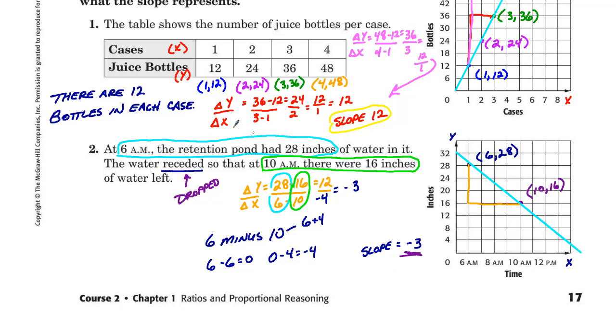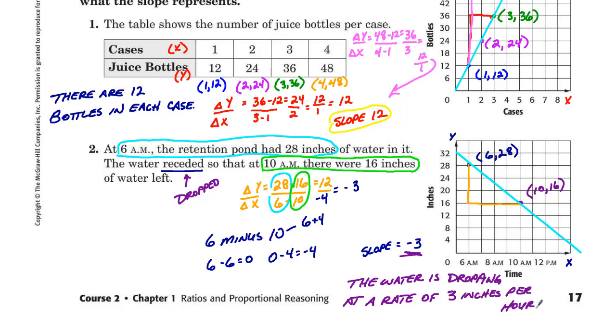Since the water was dropping and it went from 6 a.m. to 10 a.m., those are hours, that -3 tells us that the water is dropping at a rate of 3 inches per hour. I didn't write that in earlier, but would you go ahead and write that in if you didn't?